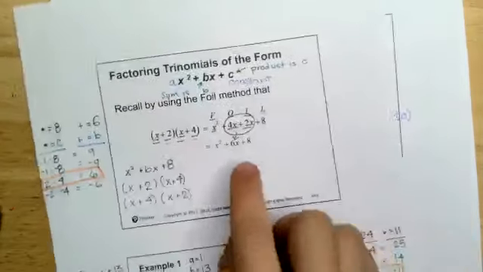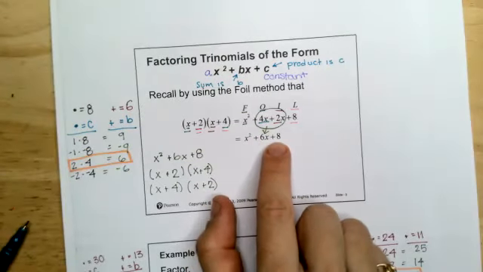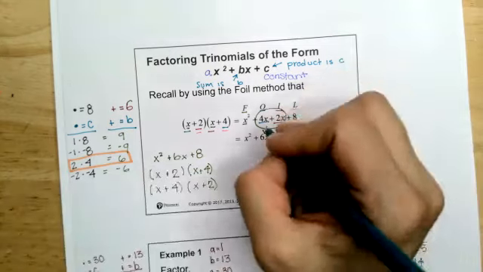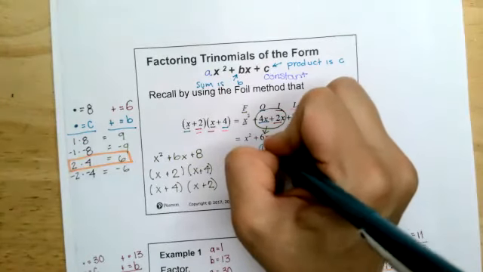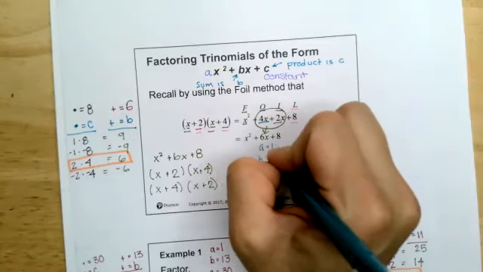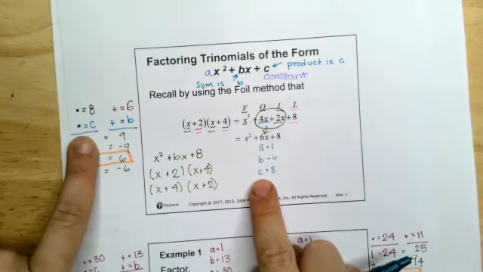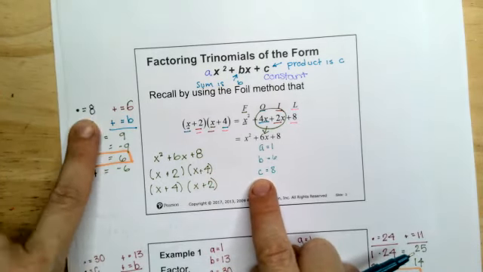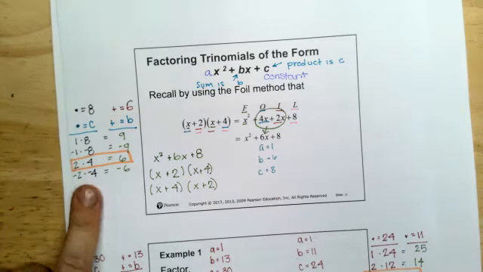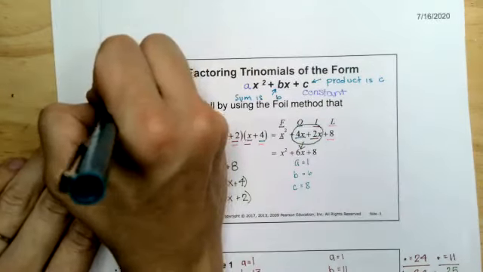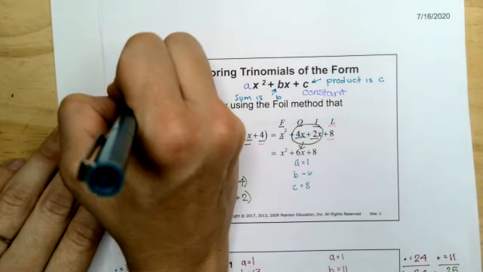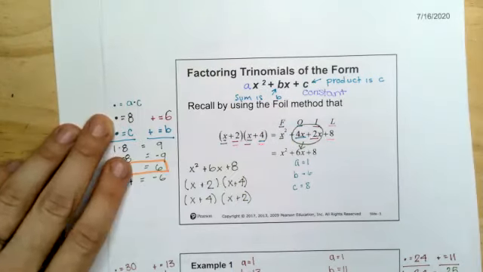All right, back to this original example, x squared plus 6x plus 8. What do we know? We know a is 1, b is 6, and c is 8, right? We want it to multiply to equal c, so that means multiply to equal 8. Another way to think of it is we want it to multiply to equal a times c.